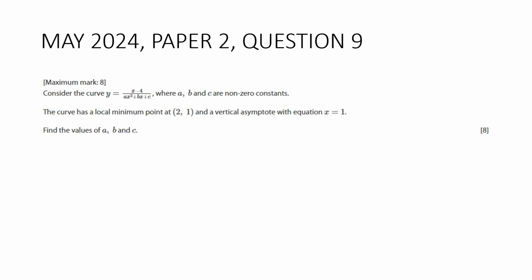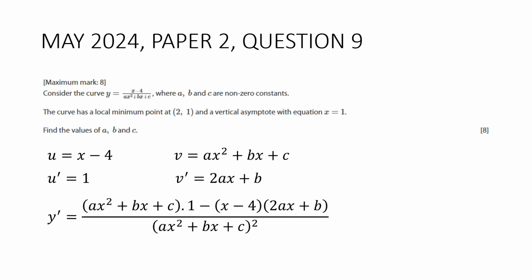And finally, we know that the derivative of this, when x is equal to 2, that derivative will be equal to 0. So to differentiate this, we have a quotient rule. u is equal to x minus 4, v is equal to ax squared plus bx plus c, u dashed is 1, v dashed is 2ax plus b. Constructing the quotient rule, we know that when x is 2, this whole thing's going to equal 0.